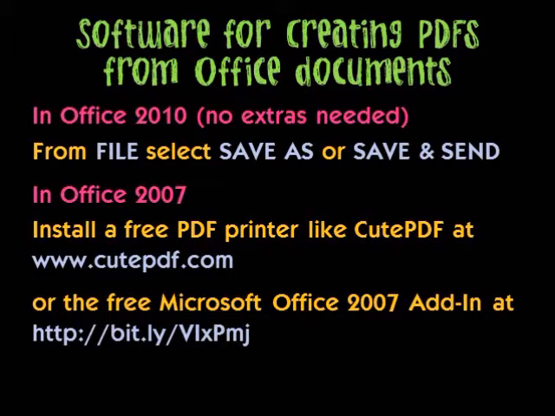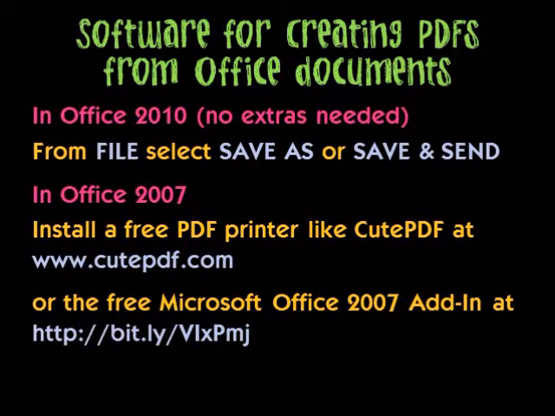From the File area, select Save As or Save and Send, and one of the options will be to create a PDF. If you're using Office 2007, you can install a free PDF printer like CutePDF, which there's the website for it, cutepdf.com, or you can download a free Microsoft Office 2007 add-in, and that works much the same way as Office 2010.